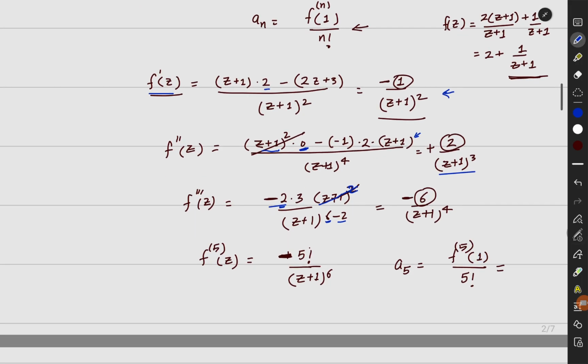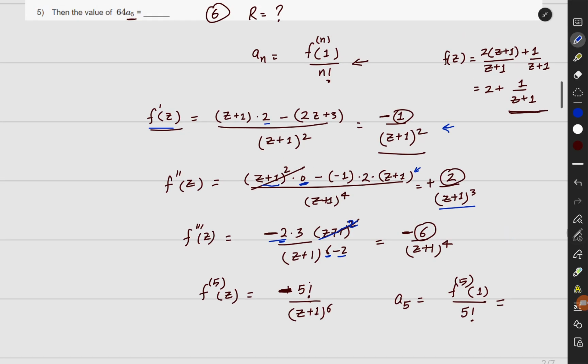In the same manner we can calculate the fifth derivative. Here minus 1, plus 2, minus 3 factorial, which is minus 6, and in the fourth derivative we get plus 4 factorial, and in the fifth derivative we get minus 5 factorial.